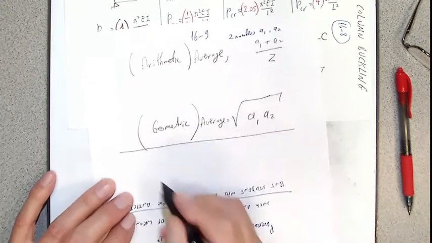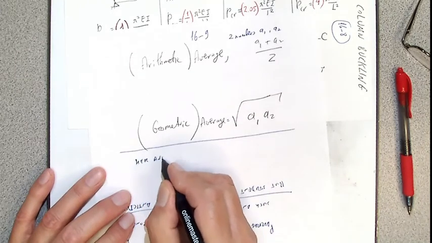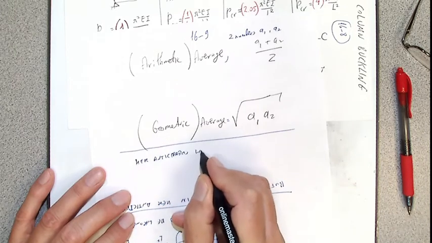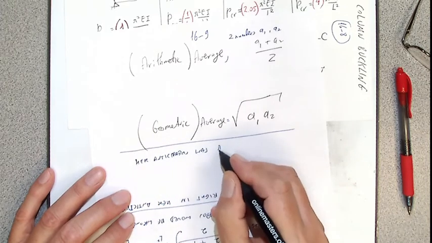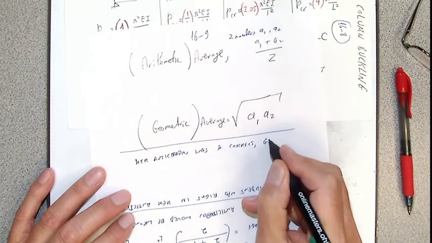So students, her anticipation was a correct geometric average approximation.